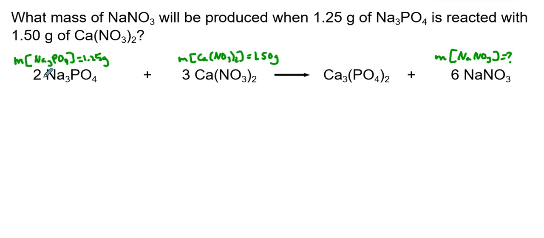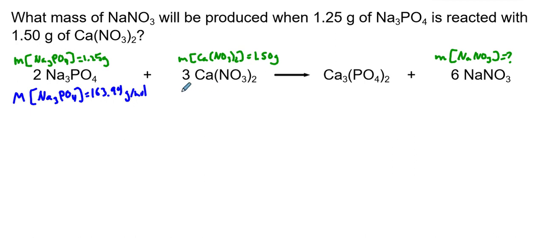The other thing we can do, and you can show calculations for this or not, depending on your comfort level, I'm not going to here, but I'm going to say that the molar mass, and you can quickly do the molar mass calculations. So this is the molar mass of the sodium phosphate, 163.94 grams per mole.